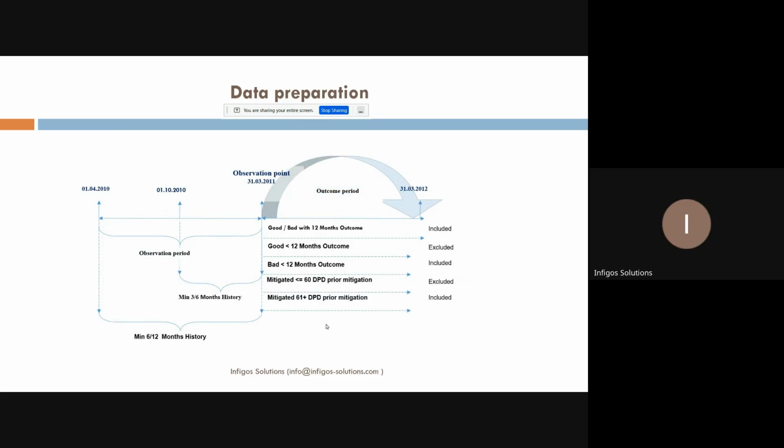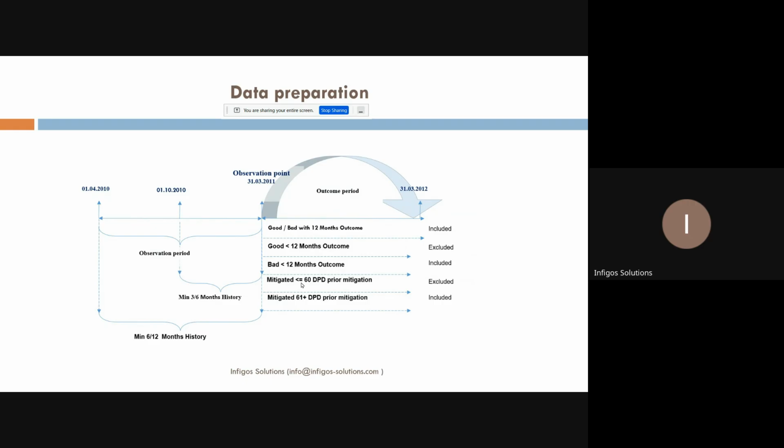So somebody asked me what to include and what to exclude. Good, bad outcome within 12 months is included. Good with less than 12-month outcome is excluded. Bad with less than 12-month outcome is included.